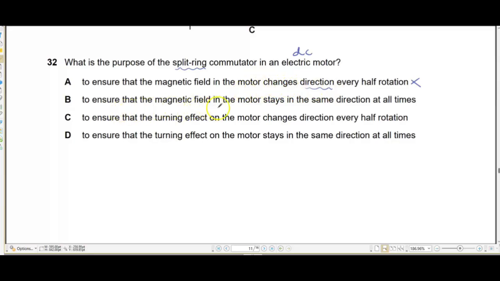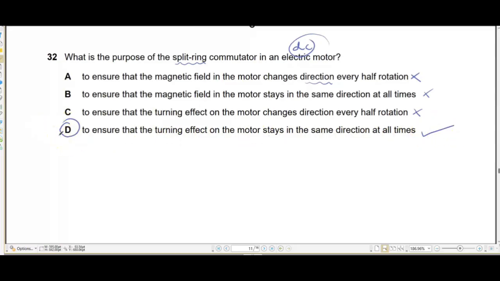To ensure that the magnetic field in the motor stays in the same direction at all times, it is there to ensure that the turning effect of the motor stays in the same direction, not the magnetic field. To ensure that the turning effect on the motor changes direction every half rotation, no, this is wrong since it's a DC motor. And to ensure that the turning effect on the motor stays in the same direction at all times, yeah, this is correct. So D is our correct option.